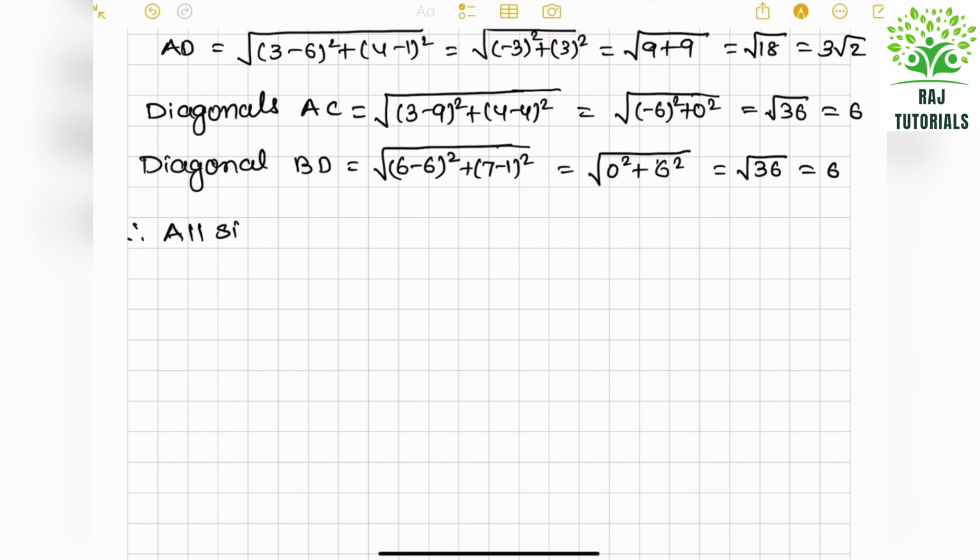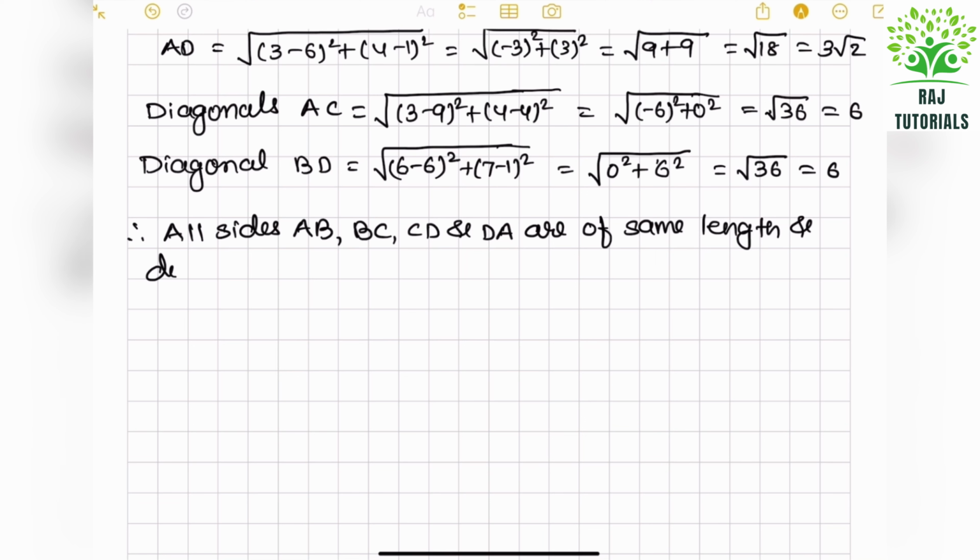So therefore all sides AB, BC, CD and DA are of the same length and diagonals AC and BD are also of the same length.